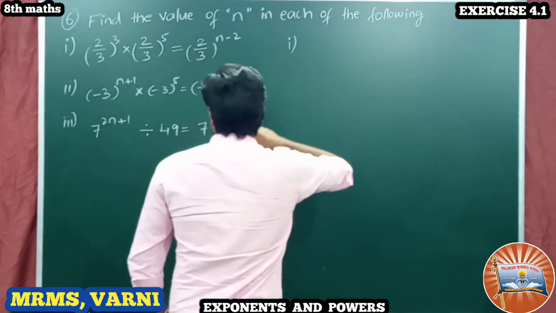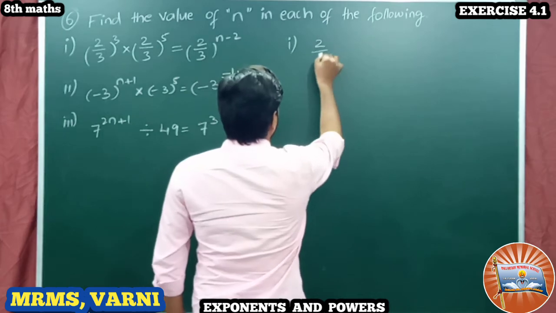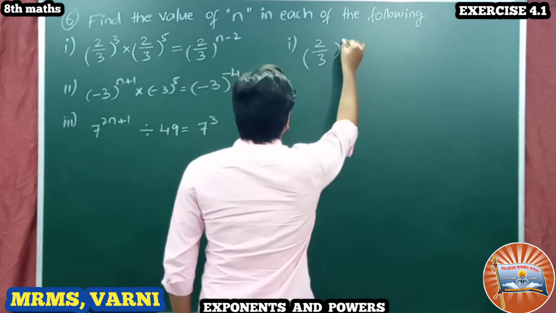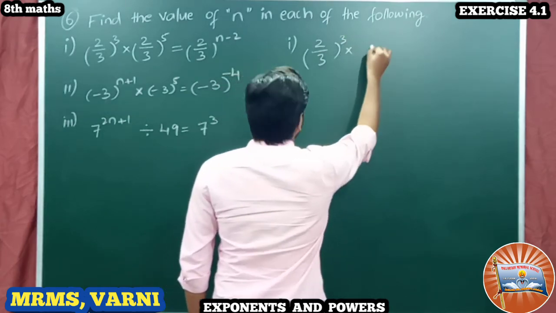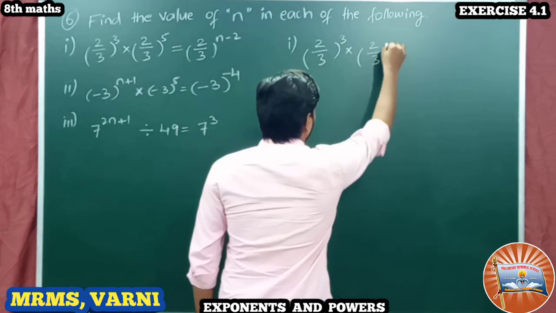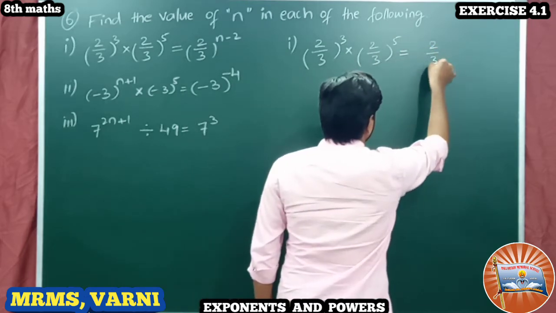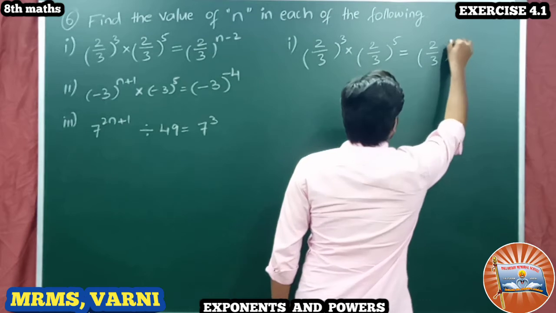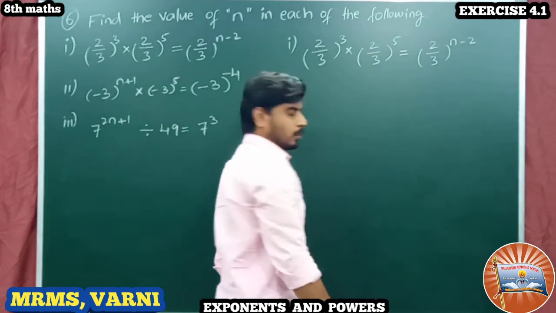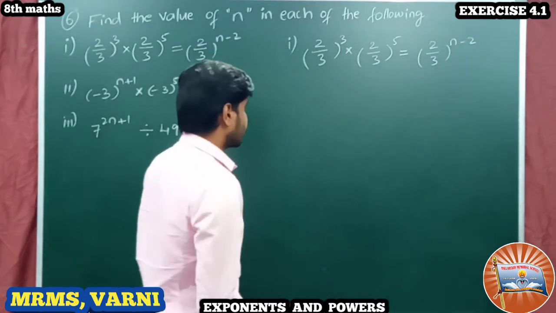I am going for the first problem. (2/3)^3 × (2/3)^5 = (2/3)^(n−2). Okay, right.